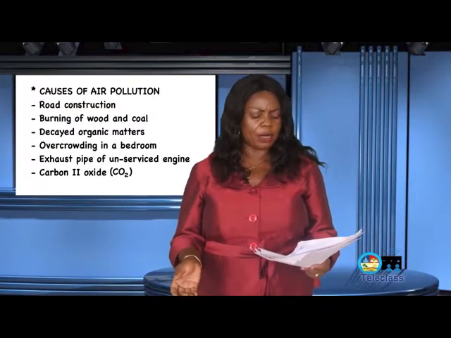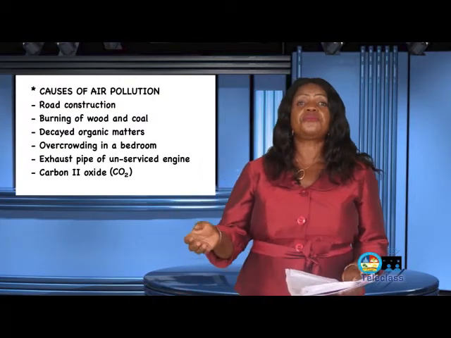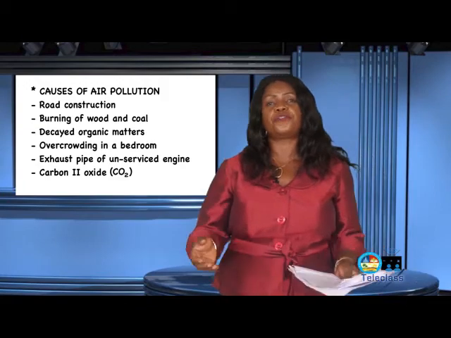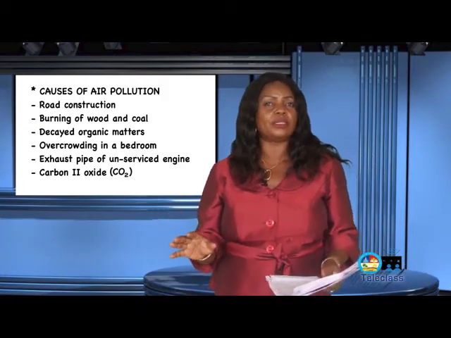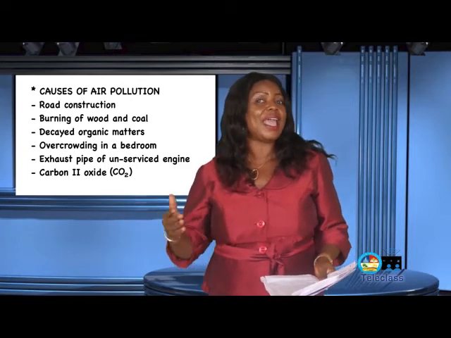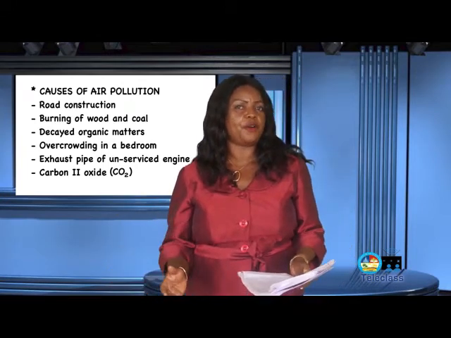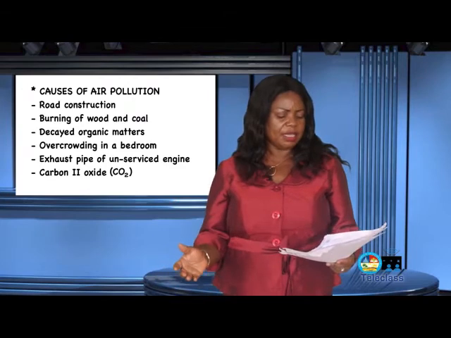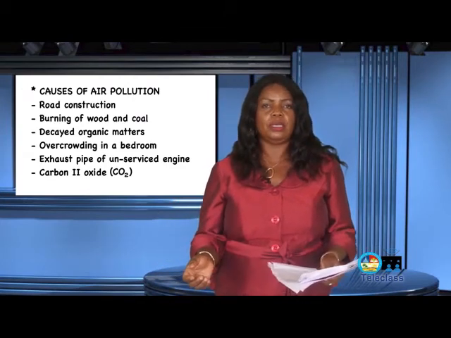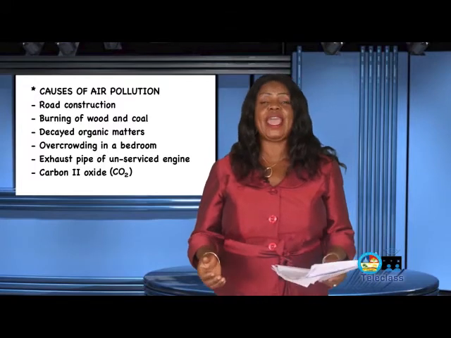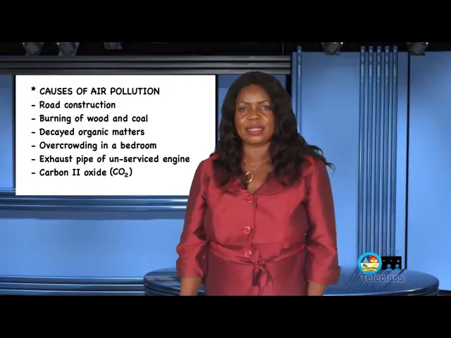We have number one, road construction. As a result of construction of roads, we have dust all over the environment, which can cause air pollution. Number two is the burning of wood and coal. Number three, we have decaying organic matter.